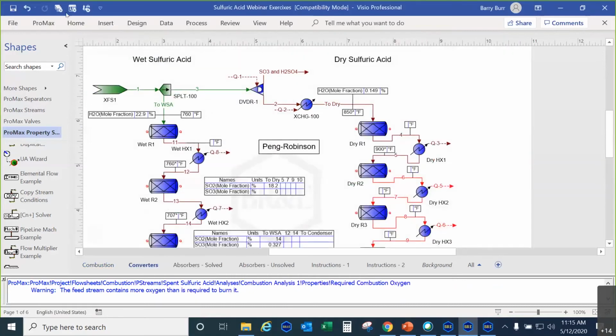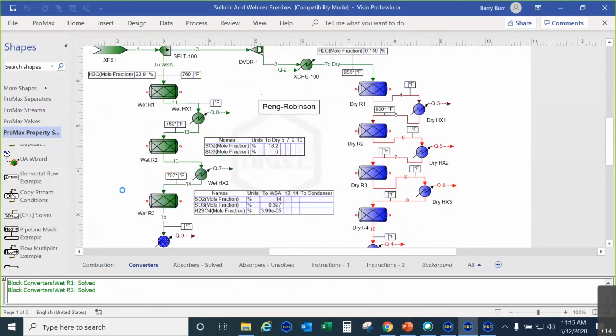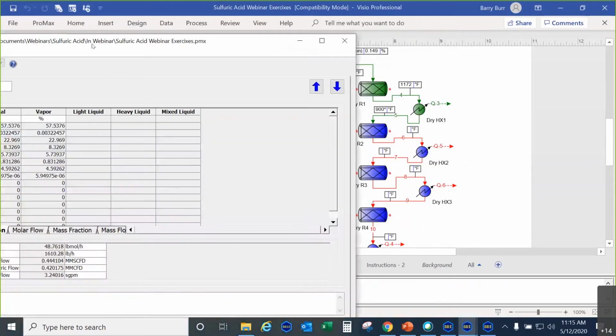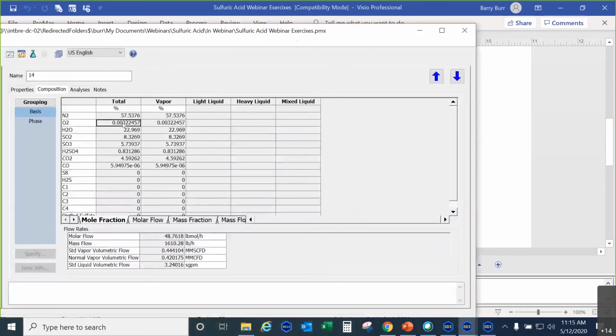Let's see if that is enough oxygen. We're still depleted.